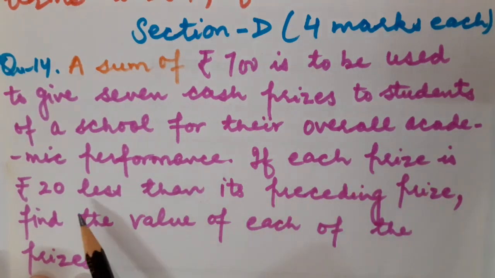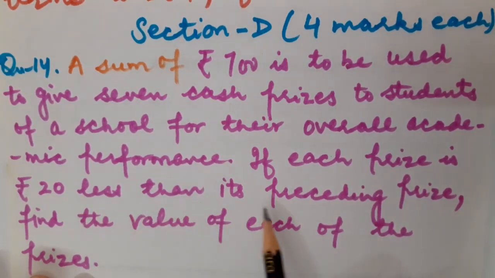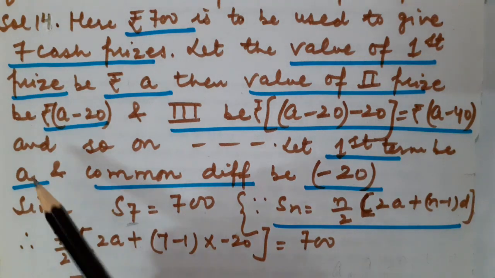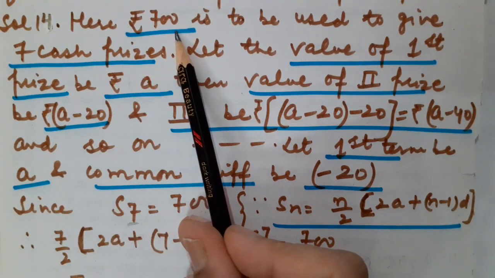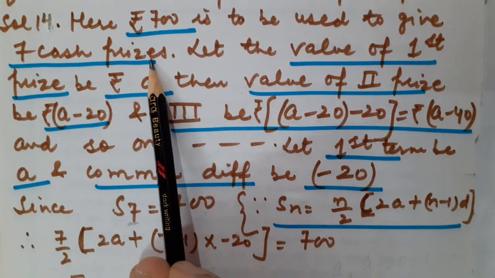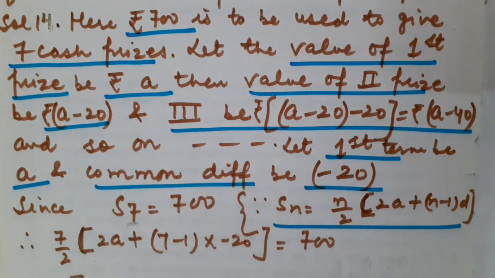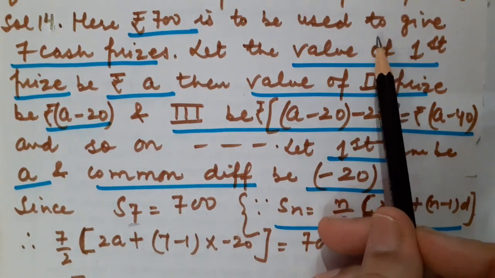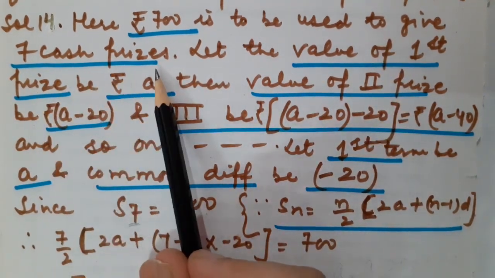If each prize is rupees 20 less than its preceding prize, then you have to find out the value of each of the prizes. Now its solution is, here you will be having rupees 700 given, which is to be distributed among 7 candidates, those who have performed well. Fine. So here rupees 700 is to be used to give 7 cash prizes.